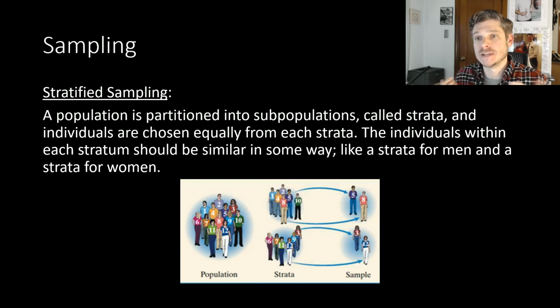The easiest example I can think of is if you want a sample with an equal number of men and women: you first split your population into men and women, and then choose an equal number from each. That's stratified sampling. You've taken your population, subdivided it, and now you're choosing an equal number from each of those strata. All right?